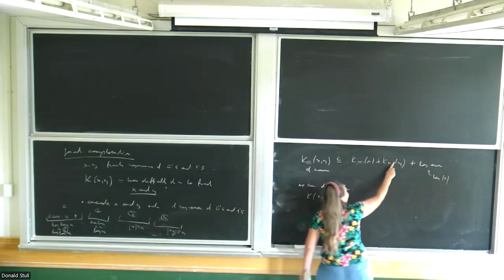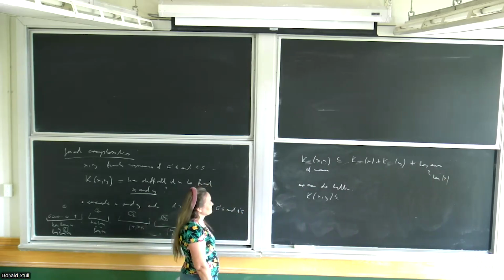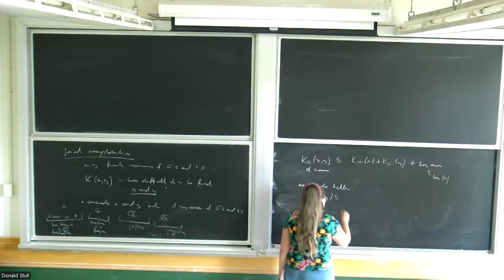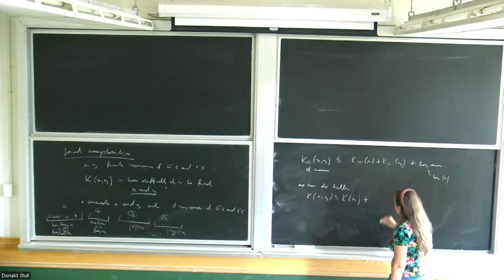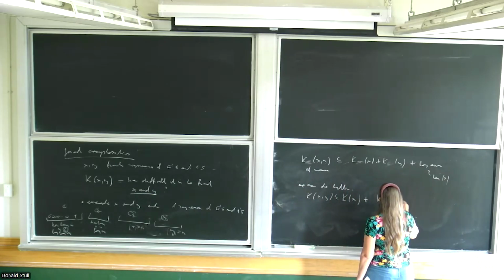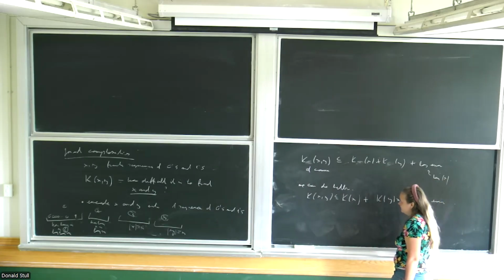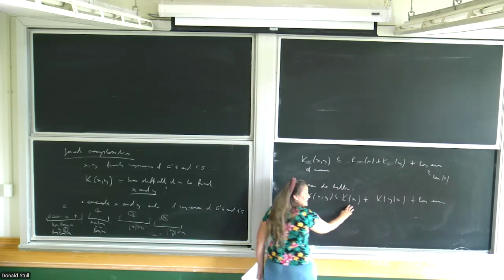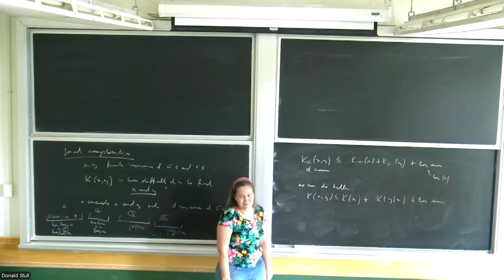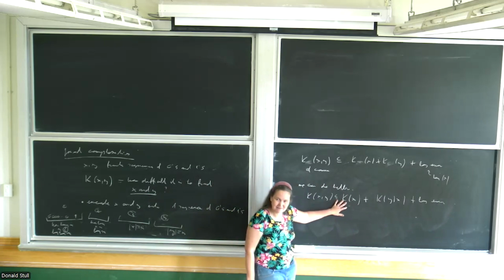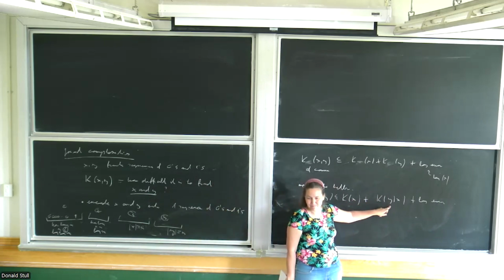There is one more n. Yes. So the joint complexity of x and y is also bounded from above by complexity of x plus complexity of y given x plus a log error. So this simply says that once I already wrote down x, there is really no reason to start from scratch. I can use every information that I already have. So I already have x, and now find y.